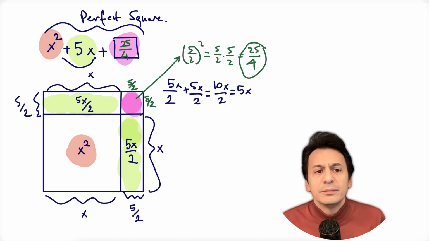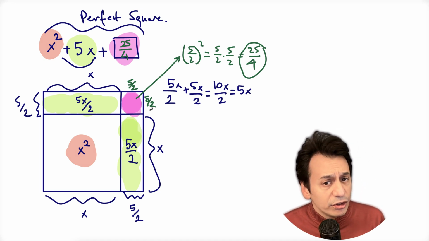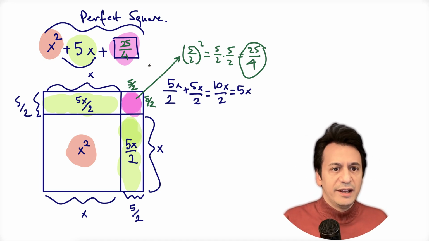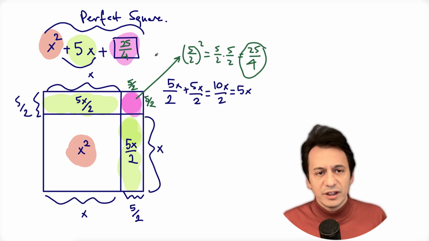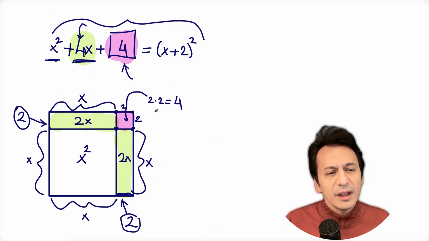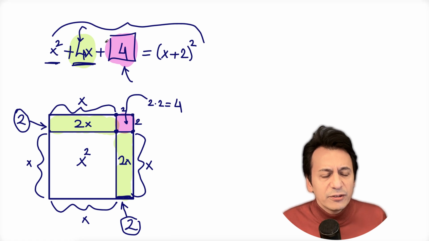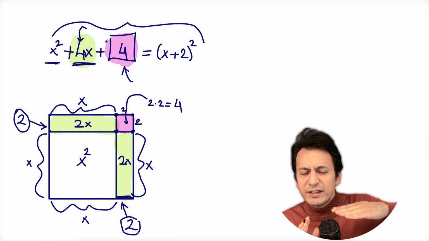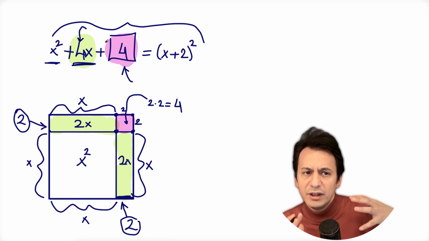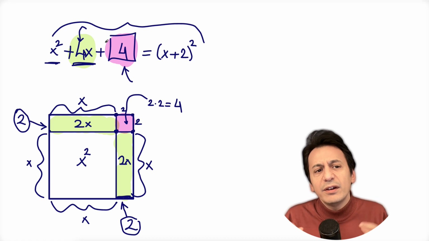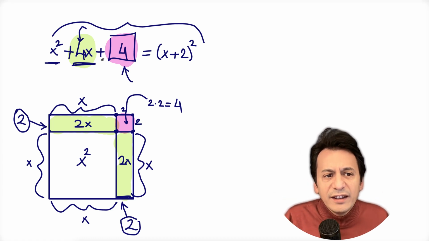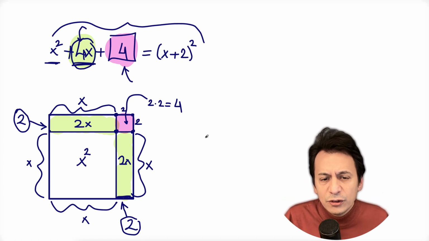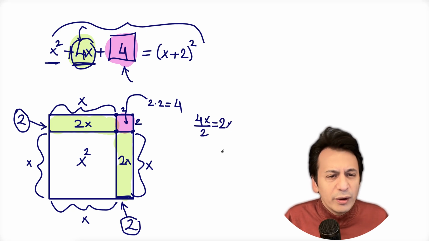By now, there's a pattern emerging and you should realize it. What's that? Let's check it out. This middle term comes from the rectangles and there are two rectangles. In order to find the area of one rectangle, I divide this middle term by 2. There you go, that's 2x.